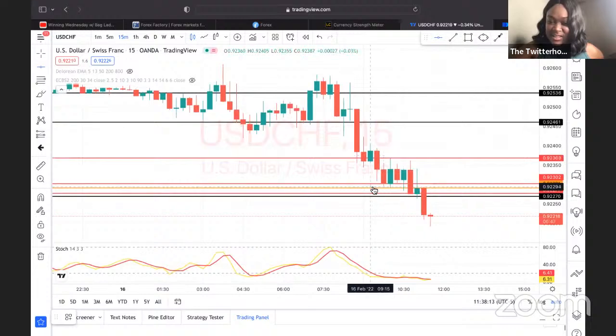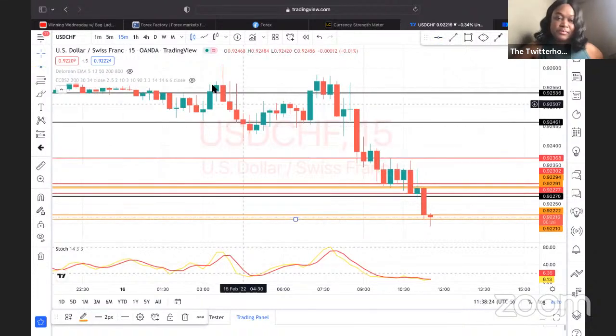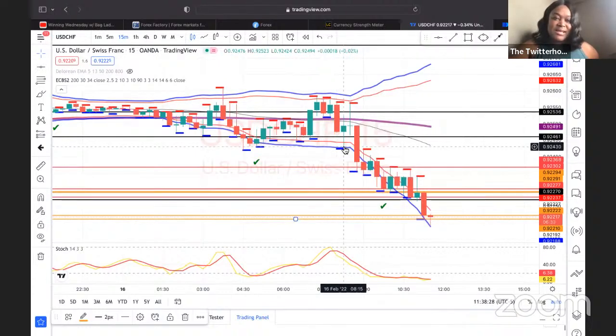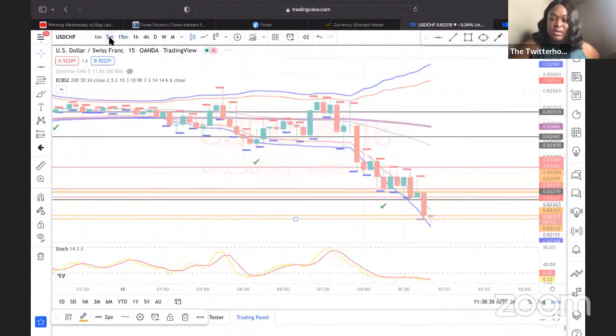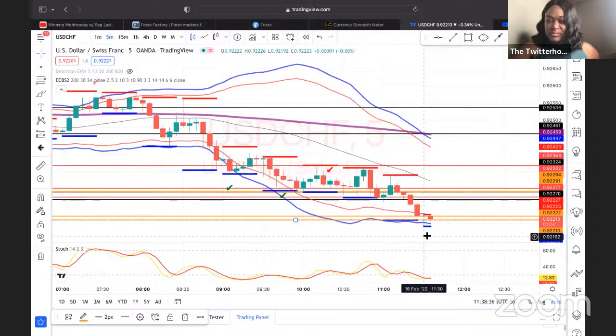There we go. And there we go. Right. So as it's a sell, I would need a major pullback. Since this black line is a daily level, that's gonna be a strong area.